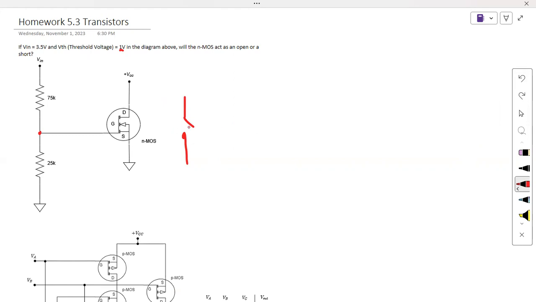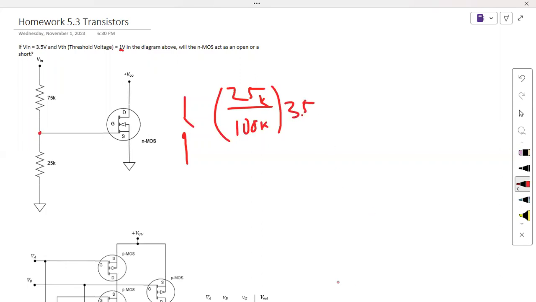So to find the voltage at this node, I'm just going to do quick voltage division. You're going to do 25 over 75 plus 25. This is all in kilo ohms. And then you're going to multiply it by Vn, which is 3.5.